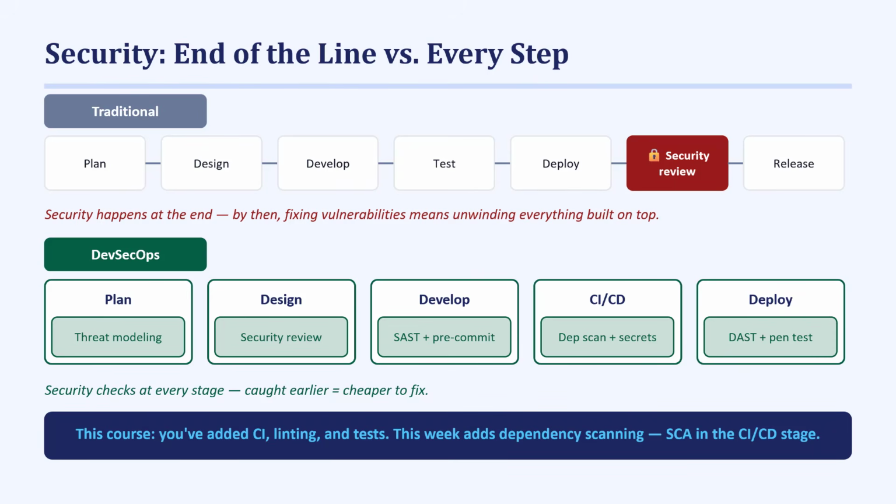And then DAST, that's dynamic application security testing, added into a penetration test at the deployment stage. So security checks at every stage. It's caught earlier, it's cheaper to fix, and we can really limit our security exposure and some of the application threats that might have gotten baked in under the earlier model.